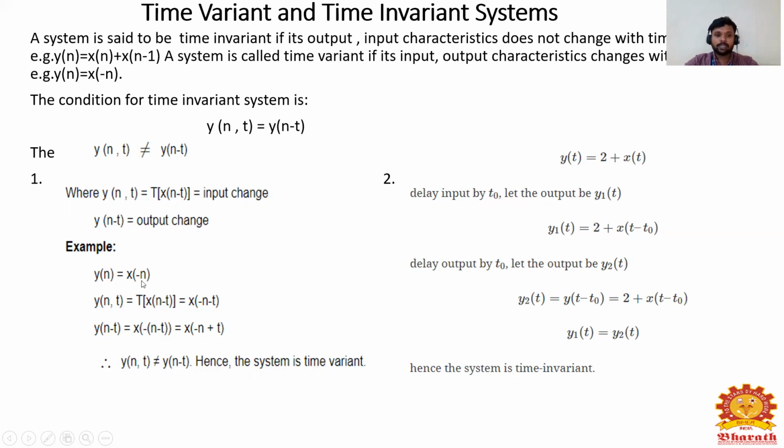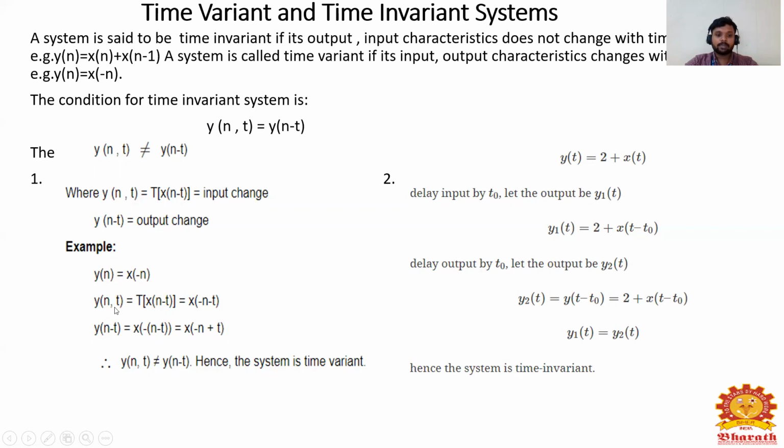y of n is equal to x of minus n. I want to check whether the given system is time variant or invariant by applying the values y of n comma t. y of n comma t is the input change.